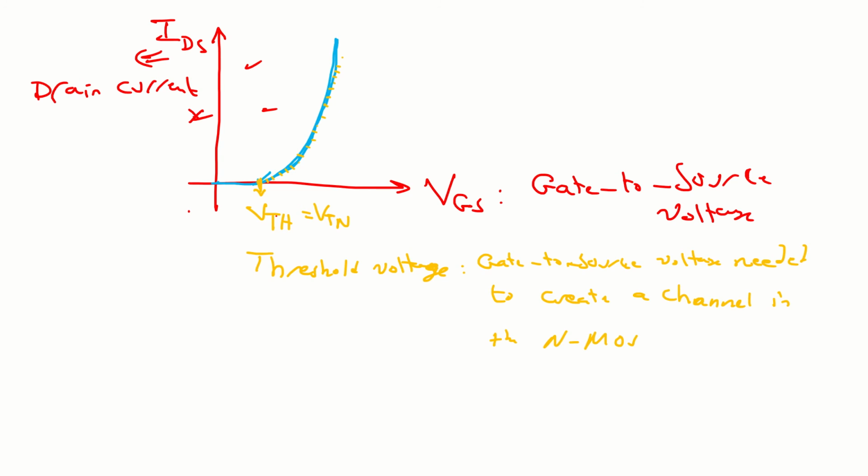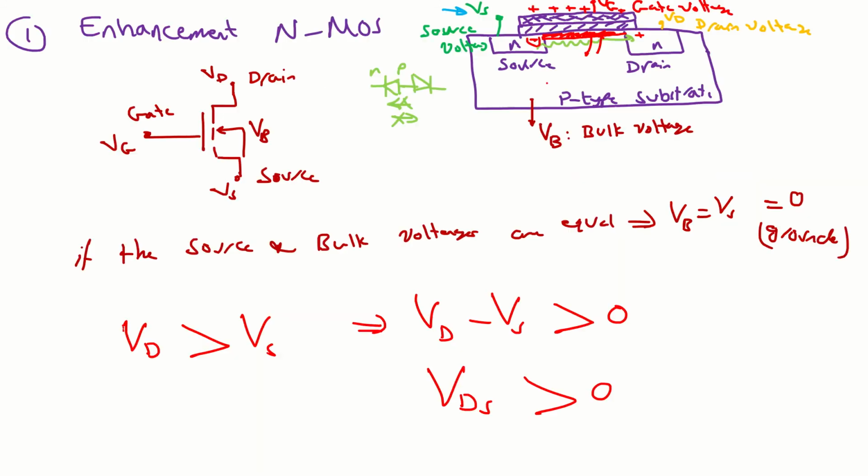Or you can define it another way: it's the gate to source voltage needed to create a current in the MOSFET. Both are fine. Good. This is for the enhancement MOSFET.